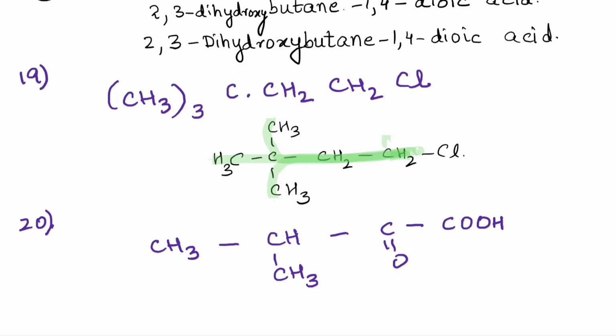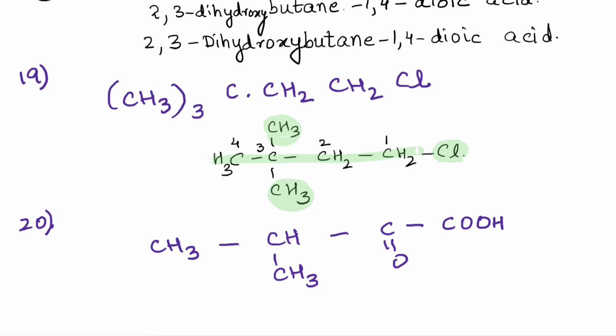Yes, so 1, 2, 3, and 4. Now you have substituents. So what substituents do you have? You have a methyl group here and a methyl group here. So that becomes a dimethyl. And you also have a chloro group here. So how do you arrange them while writing their name?